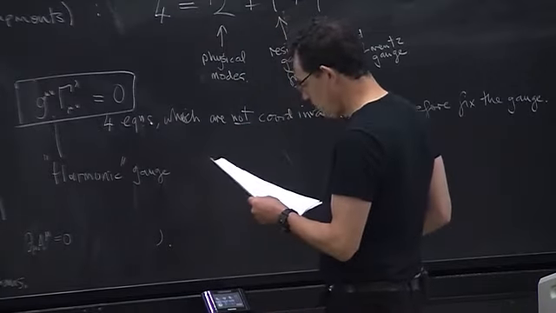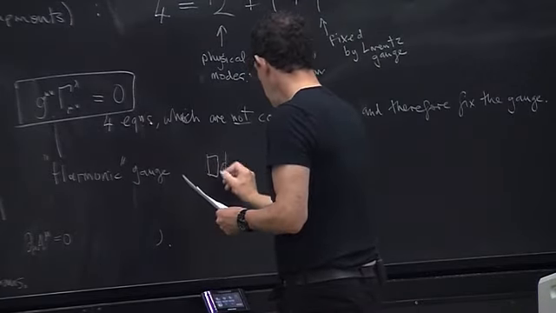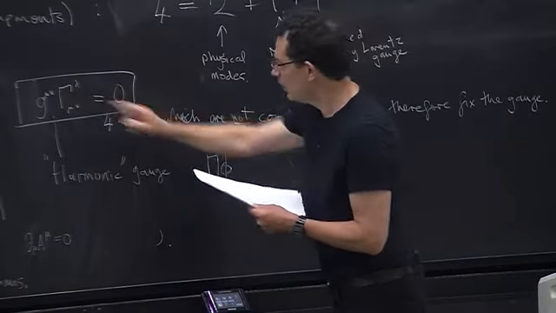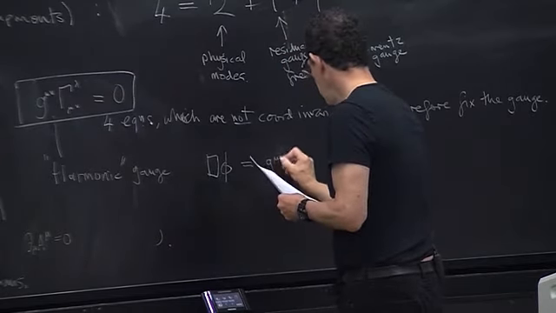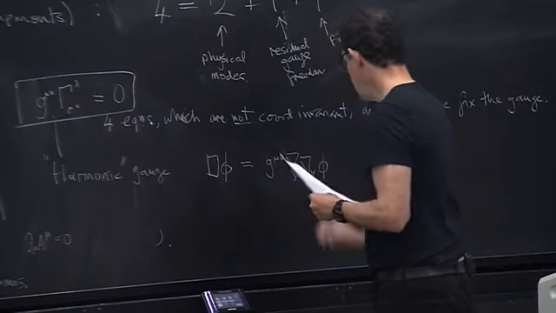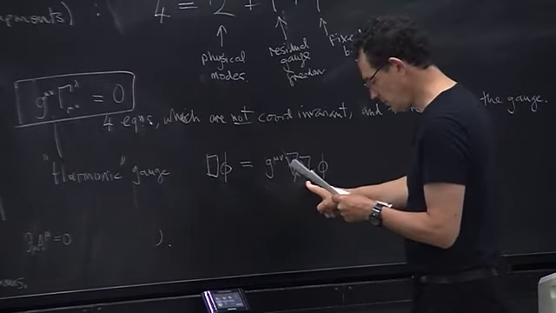It's harmonic gauge because if we work out the Laplacian on a scalar quantity, we get something like this. See, the Laplacian on a scalar in 4D in a curved background is defined this way, where these are covariant derivatives.